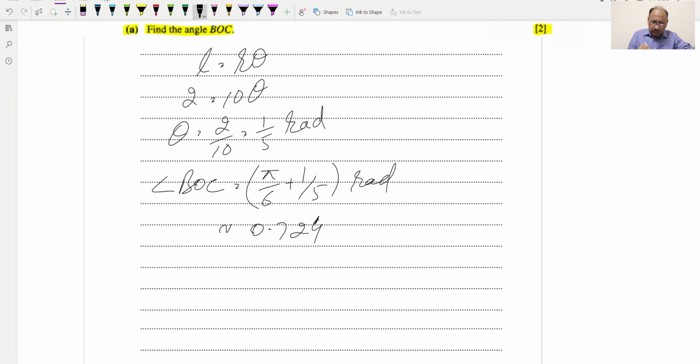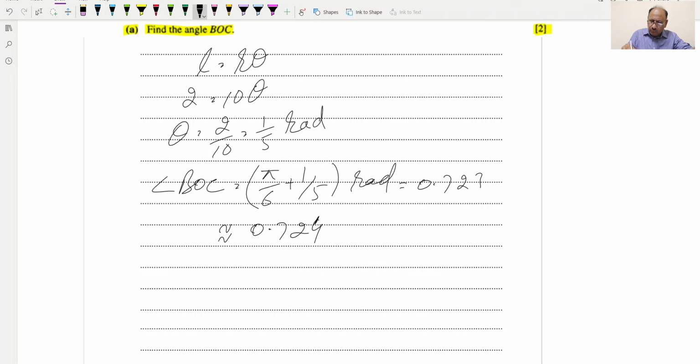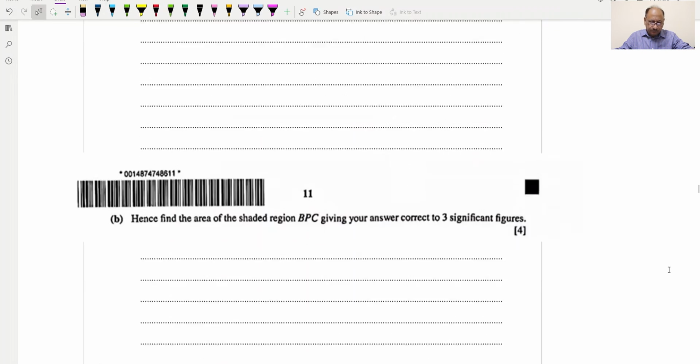If you want the digits, we can provide 0.723598, and then you can write approximately equal to this, and this is the final answer.